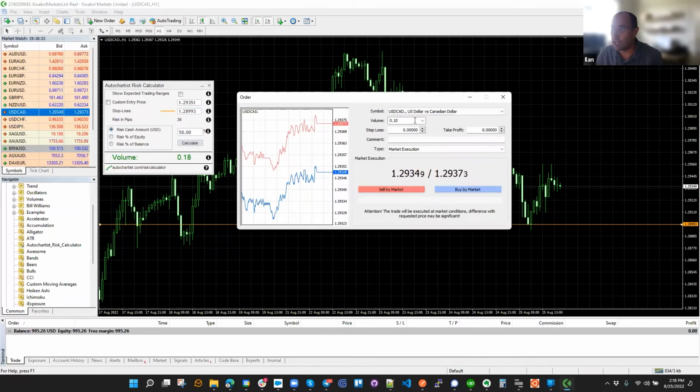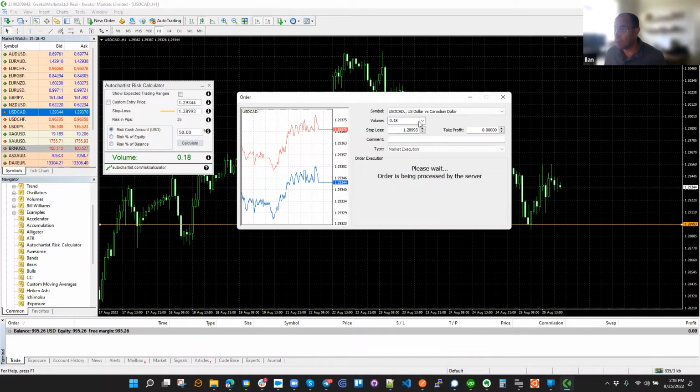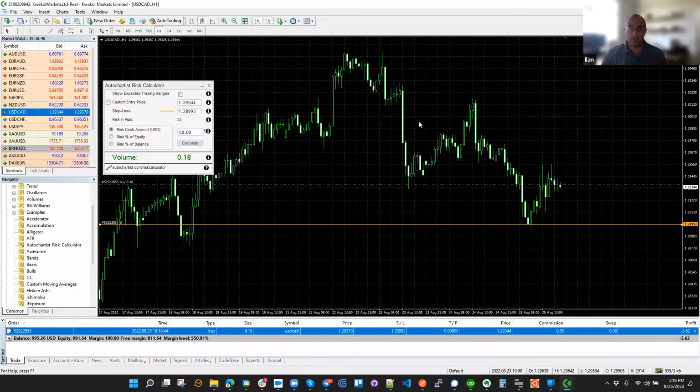I would set my volume to be 0.18, exactly what Autochartist tells me. I would set my stop loss at the orange line, and I would click buy at market. So I'm in the market with a 35 pip stop loss, and I know that if the price goes the wrong way and hits my stop loss, I've lost only $50, right?